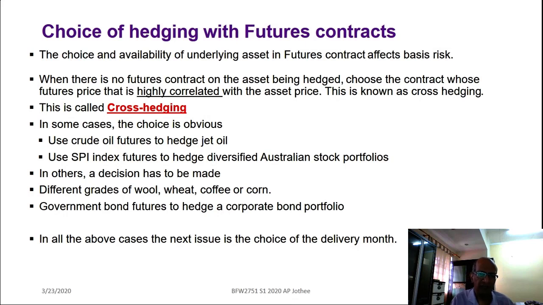Does it have a contract expiration which is slightly longer than May? If it's expiring in June, perfect. You can close out in May. Let's say that you have one crude palm oil contract which is expiring in April and the other is expiring only in September, too far away. You can't choose that. So the next issue is how to choose the delivery month.